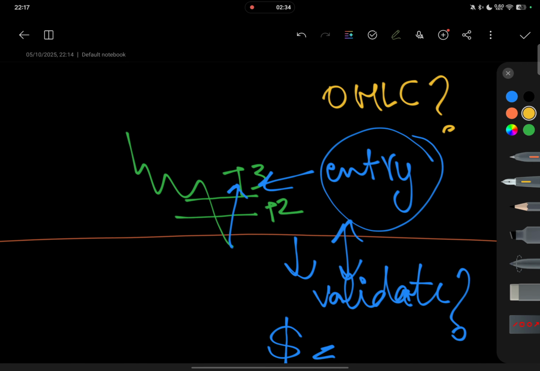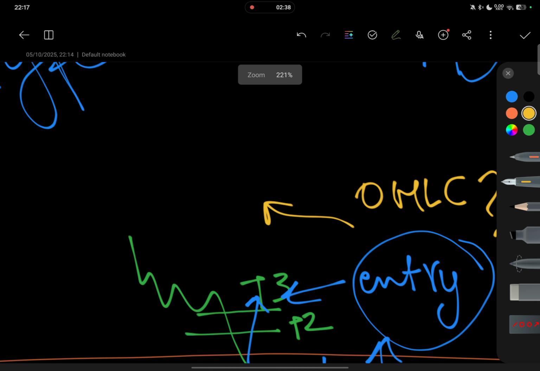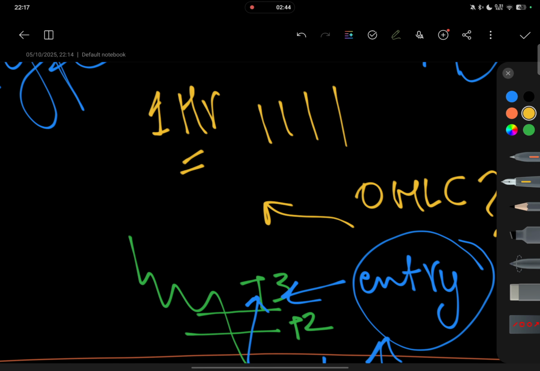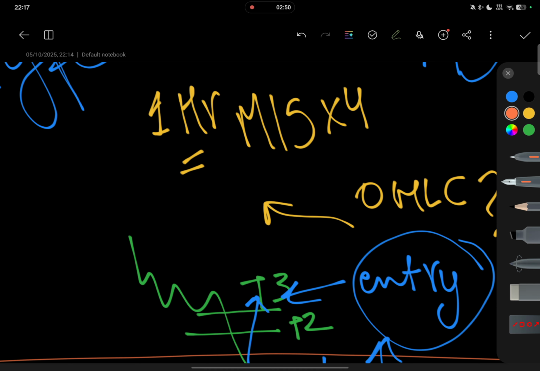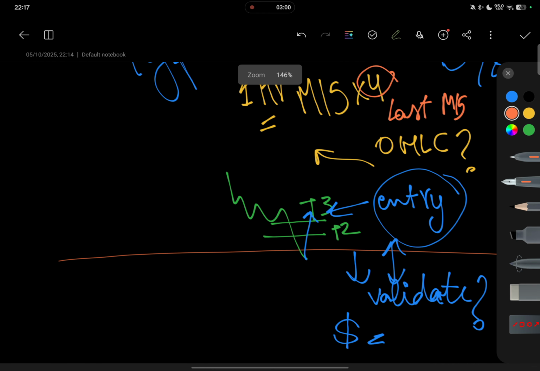What I do is take one hourly candle and divide it into four parts, which will be four M15 candles. If my entry model is in the last M15, then I will not take the trade. If it's in the first three M15, that is the first 45 minutes, I will take the entry.